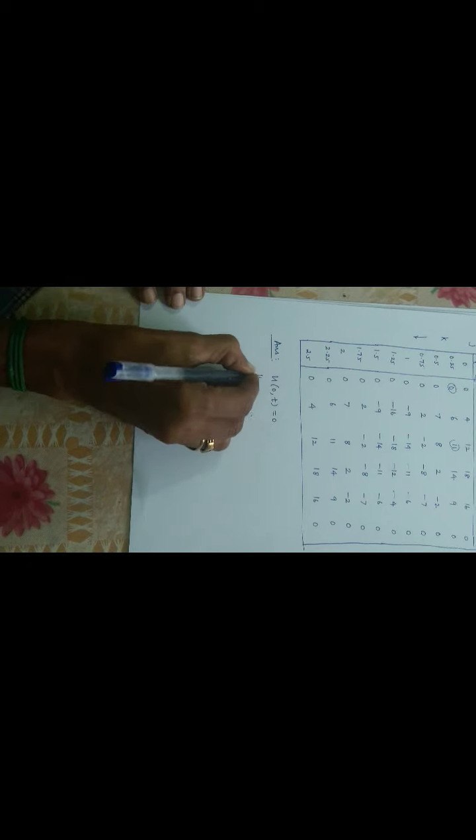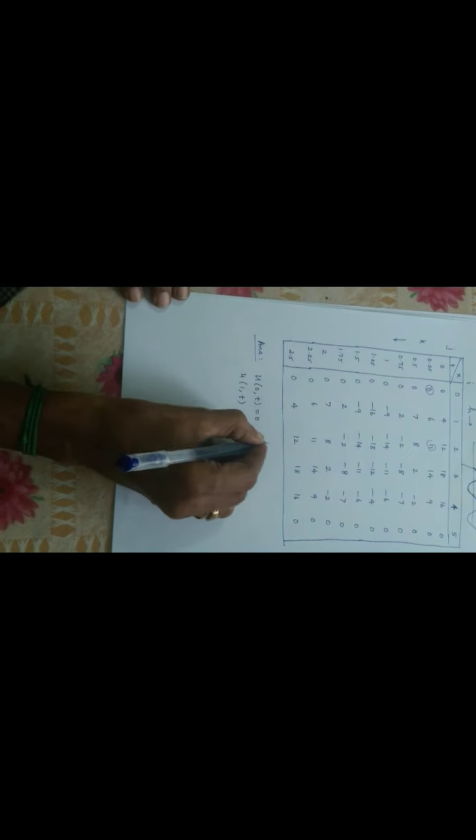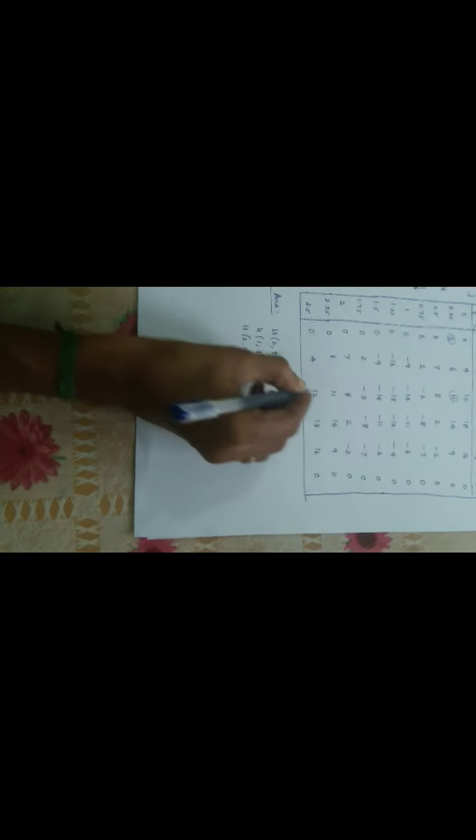Now the final answer, the given boundary condition u(0, t), u(1, t) where t is 2.5, the numerical value is 4, u(2, t) is 12, u(3, t) is 18, u(4, t) is 16, and at the end the numerical value 0. So these two are given conditions, the rest we are in a position to find out.